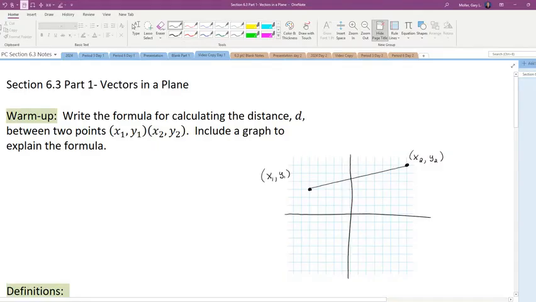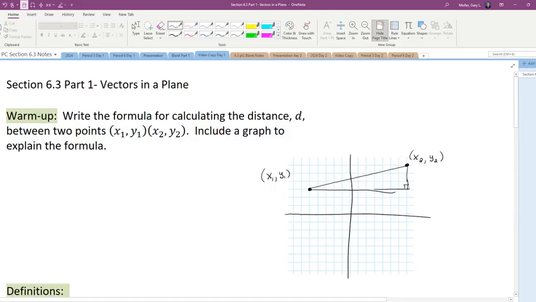between those points. Well, the simple way of doing this is to not visualize a straight line, but to visualize it as the hypotenuse of a right triangle. And so if we take a look at this triangle, we see that the hypotenuse is, in fact, the distance.